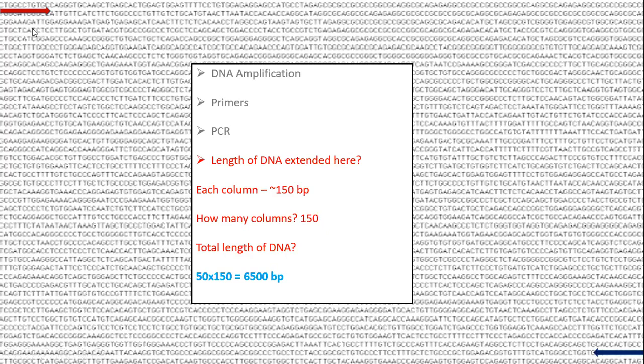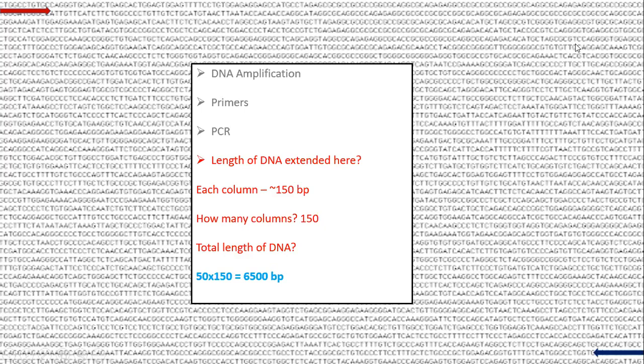So let's say, what is the length of the DNA here in terms of nucleotides? How many nucleotides are there? Usually it will be double stranded. We will show only one strand here for simplicity, but it's all double stranded DNA. Each column here will have a complementary DNA on the other side. So considering this length, how much is amplified by this primer set, forward and reverse primer?